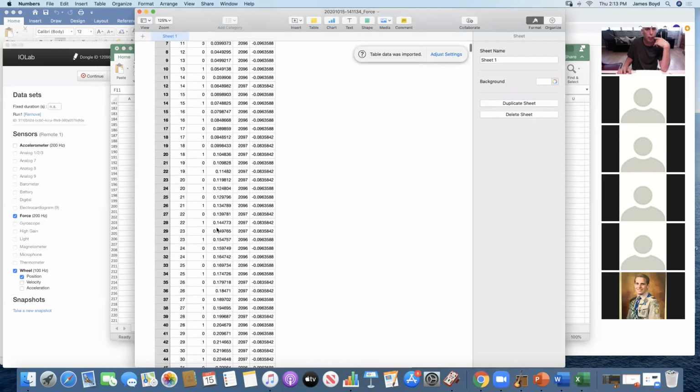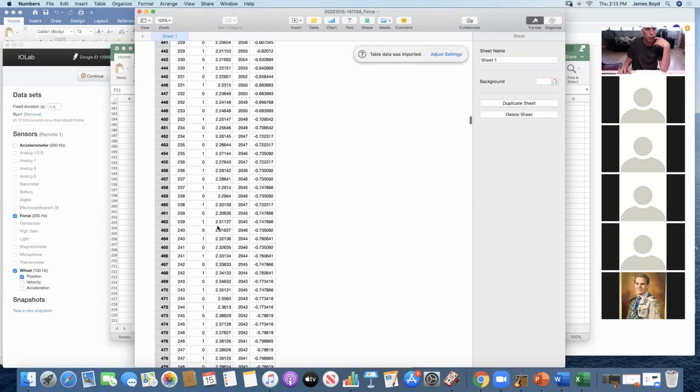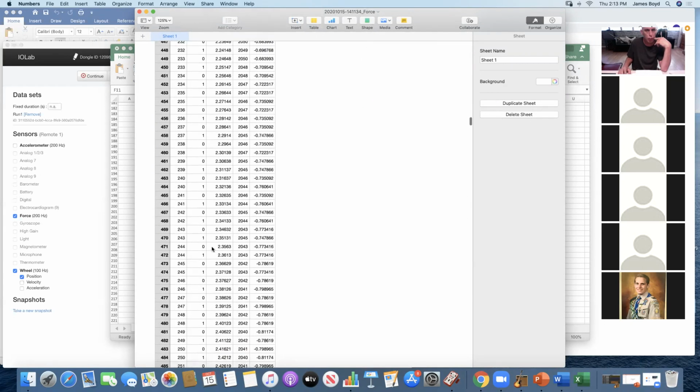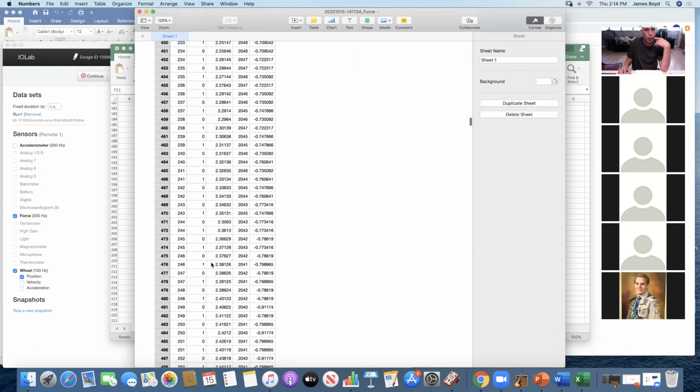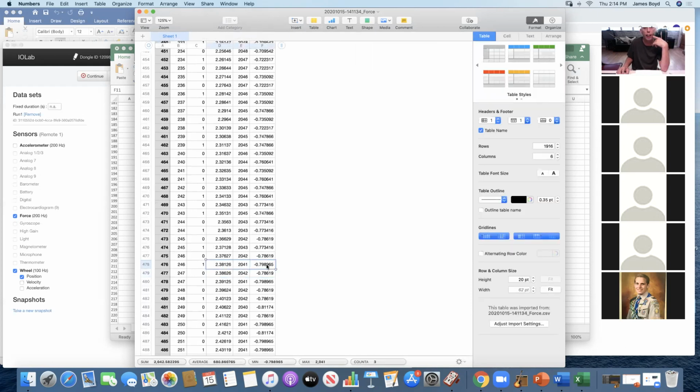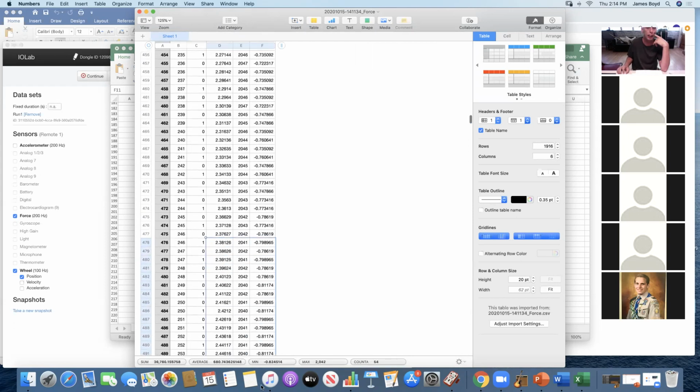So on my time, I'm going to run down to 2.38-ish. This is my force, this column. I'm not going to go back up, but column E is like a placeholder. I don't know what column E is, but column F is your force and column D is your time. We're going to go to 4.4.